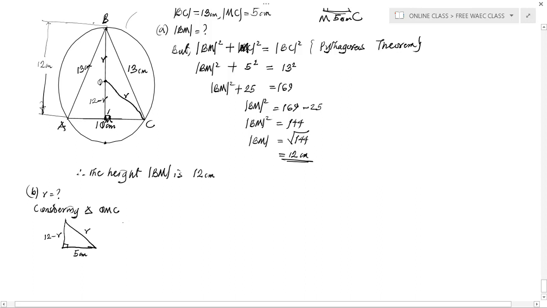Again, Pythagoras theorem. Just say R squared equals 12 minus R all squared plus 5 squared. Still our Pythagoras theorem.